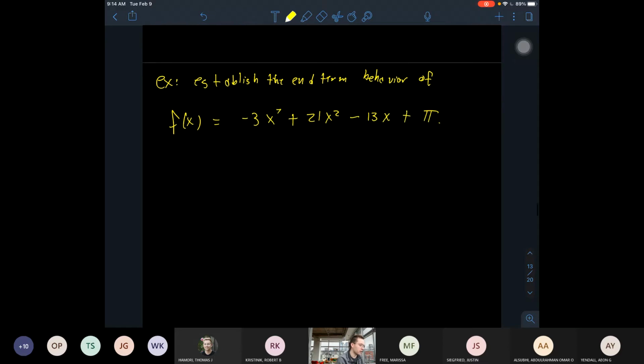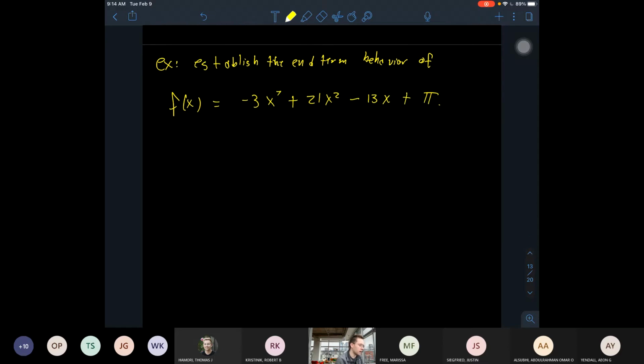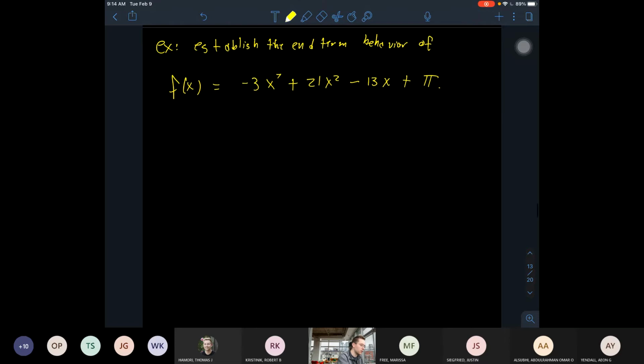Okay, so here we have a polynomial, and we want to know what is the end term behavior of this function.